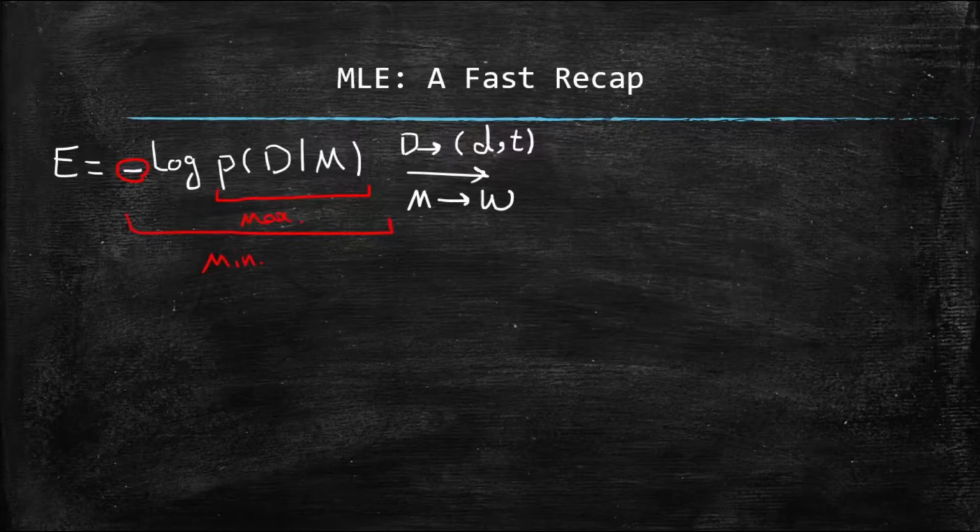So everything that I'm going to talk about, the whole error functions that we're going to generate, will all be applicable to a neural network. They can be applicable to other machine learning algorithms as well, but we are going to focus on artificial neural networks. Now, if I want to substitute D and M with their equivalents, I'm just going to forget about the minus log part here, to make it mathematically more convenient.